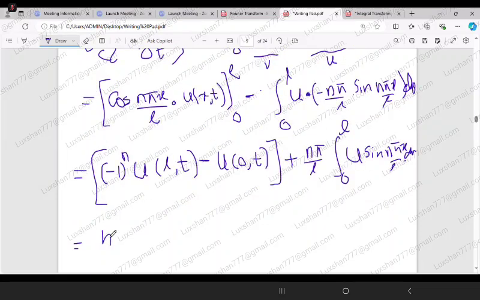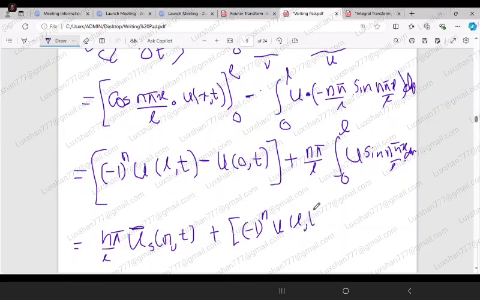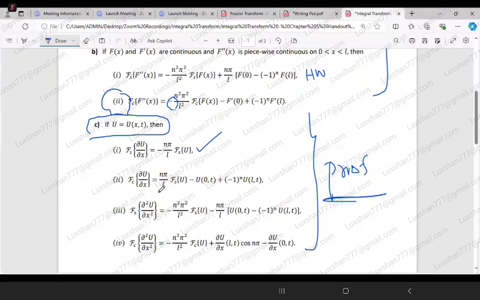Therefore, I can write it as nπ/L u bar sine transform (n,t), plus (-1)^n u(L,t) minus u(0,t). That is the first derivative. You can see here the order is different, but that is the one. Do you understand how we got this?